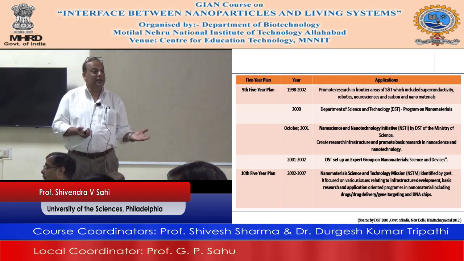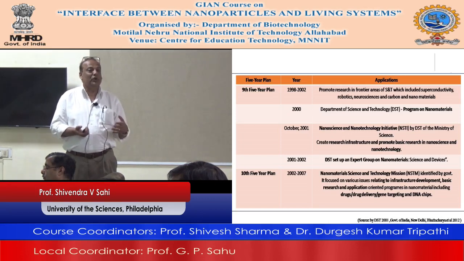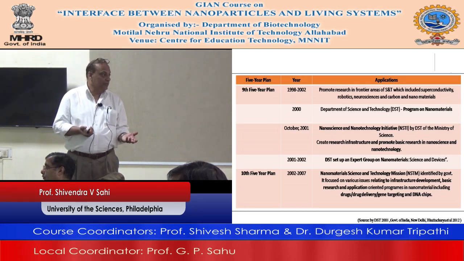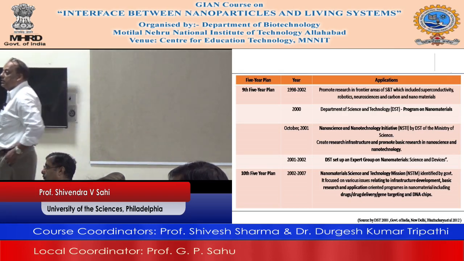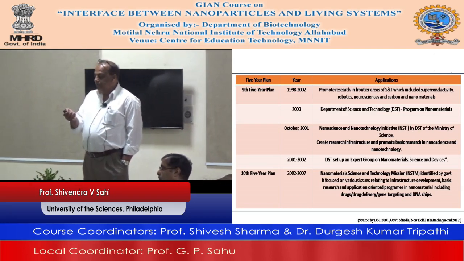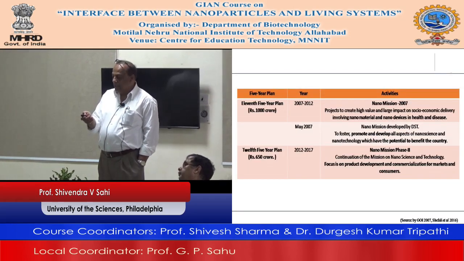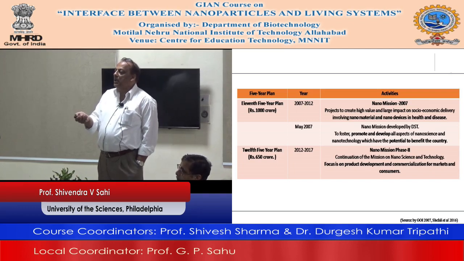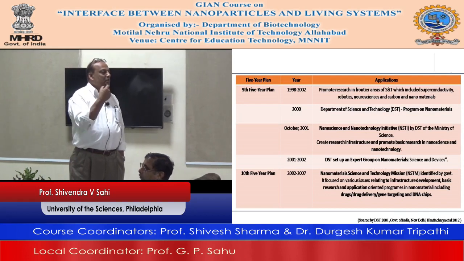I hear right now that in India, whatever you develop, there is a lot more entrepreneurship on that. That's what the government is encouraging right now. In this 10th 5-year plan, we started developing drug delivery, gene targeting, and DNA chips. It started getting into the medicine area.